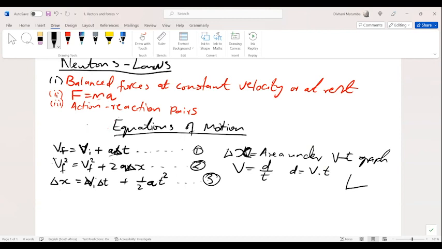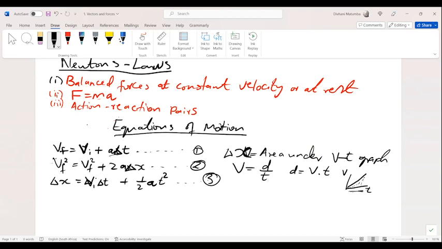So if you have a velocity versus time graph, that area over a specific time is your displacement. And hence you can see area is length times breadth.